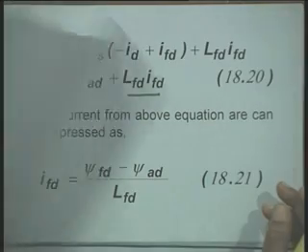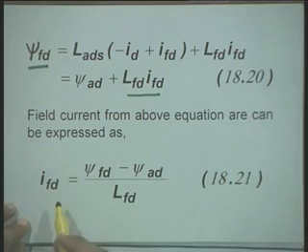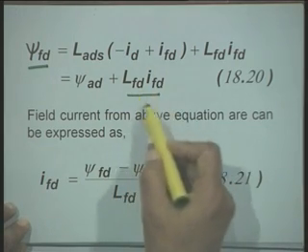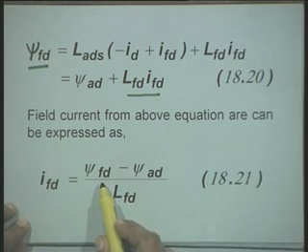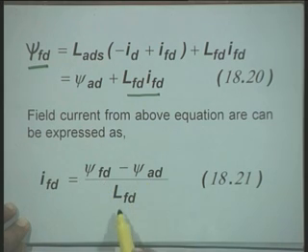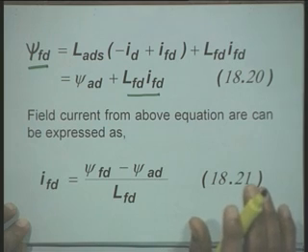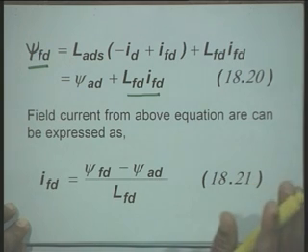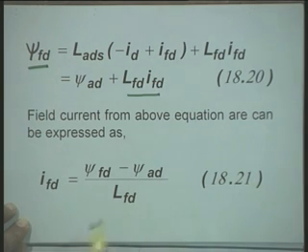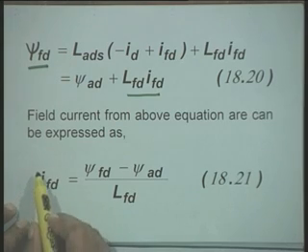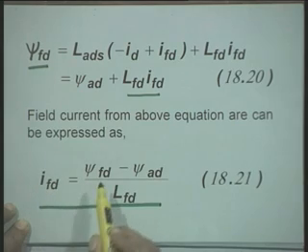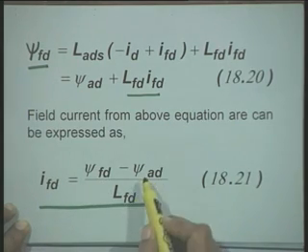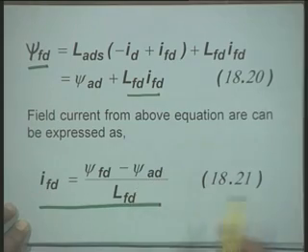Therefore, the first step is to express IFD, the field current, in terms of psi FD, which is my state variable, psi AD and LFD. LFD is a synchronous machine parameter, a known quantity. So here we are expressing the field current in terms of one of the state variables, psi AD and LFD. This psi AD is an additional term which again we have to eliminate.